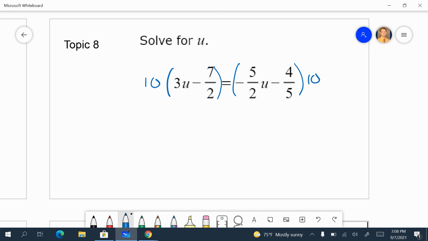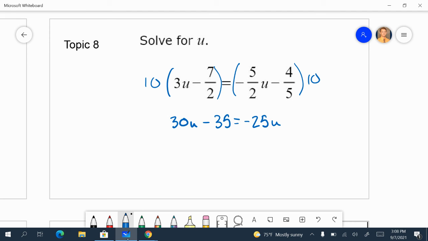So I'm going to multiply both sides by 10, because 2 goes into 10 and 5 goes into 10, and so therefore I will get 30u minus, now 10 times 7 is 70. I'm going to go ahead and divide by 2 right away. So 70 divided by 2 is 35, equals, if I multiply this side by 10 now, negative 5 over 2 times 10 would be a negative 50 over 2, which is the same thing as a negative 25.